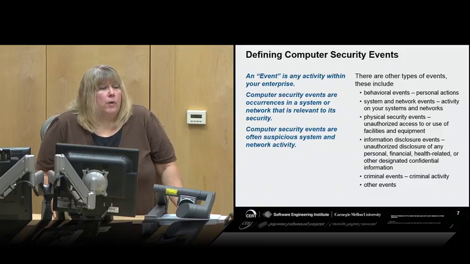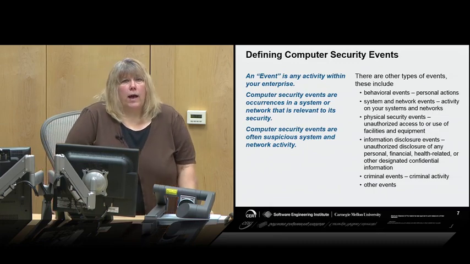And also it could be spillage of information, as far as information disclosure events where there's some type of unauthorized disclosure, whether it's purposeful or accidental, of any type of sensitive information, whether it's personal, financial, health-related.